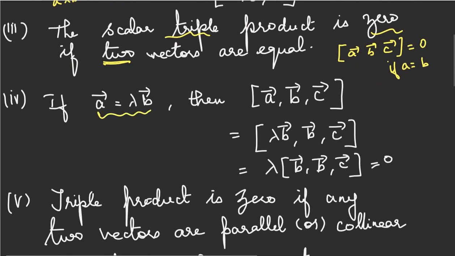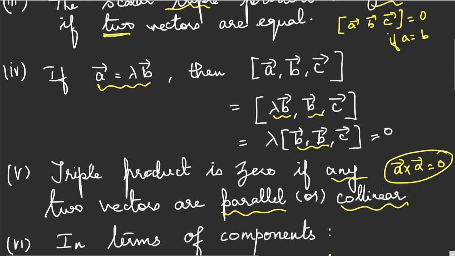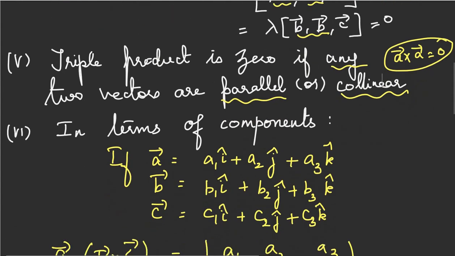Or if one vector is equal to a scalar times the other vector, the box product becomes zero. The triple product is zero, in other words, if two vectors are parallel or collinear. We know the property that A vector cross A vector is equal to zero. So if two vectors are parallel or collinear, then the triple product is zero.